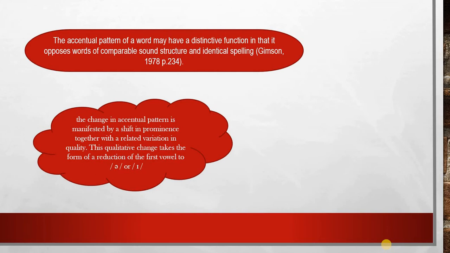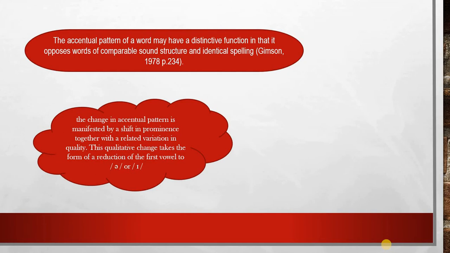Here the stress can move, and as you know, in English the stress is free, not like other languages such as French, which is fixed. In English it is free.